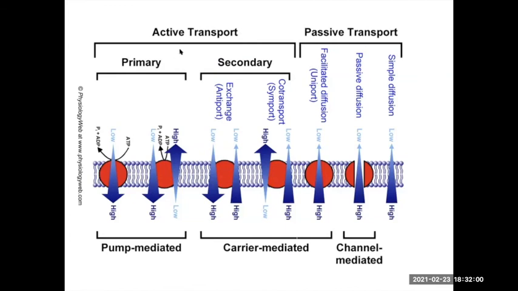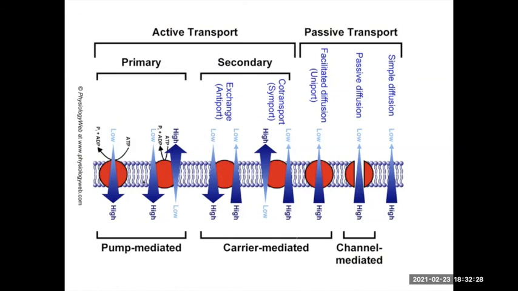But as far as these membrane proteins that are embedded within the lipid bilayer, they're moving stuff in either from high concentration to low, in the case of passive transport, or from low concentration to high concentration by the use of ATP.